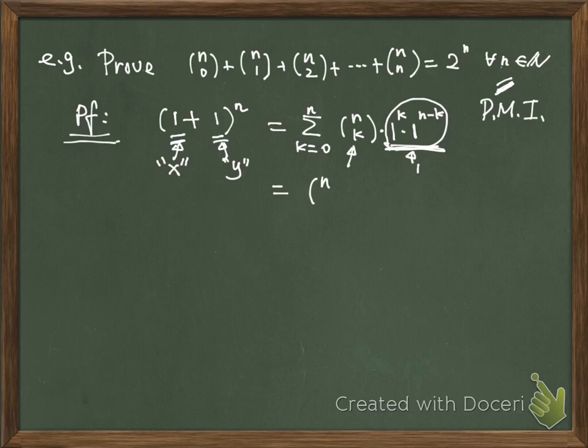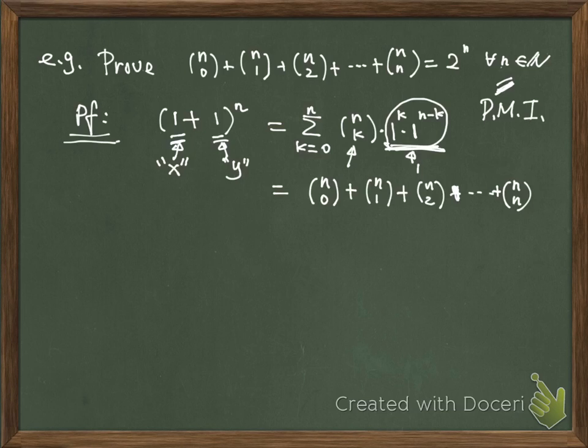And for a start, we have n choose 0. And then second, we have n choose 1. And n choose 2, and so on. Okay. The last term we have in the sum is n choose n. So this is a much easier, much quicker proof of the identity.